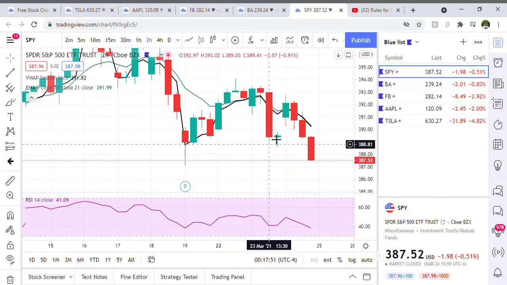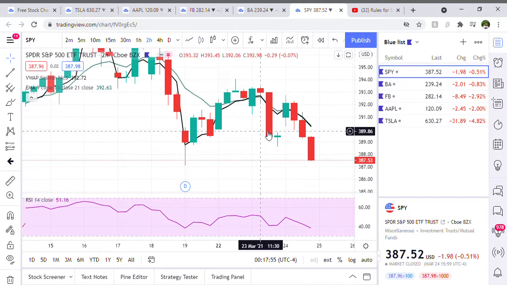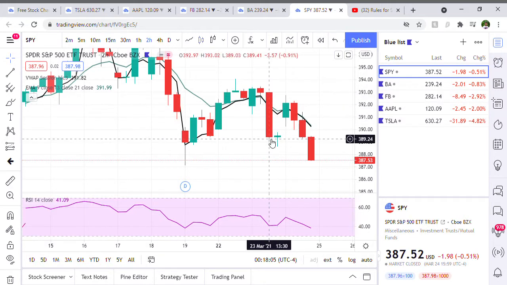This red candle started from 393 and ended at 389. So it was around a $4 red candle, which is very big. It definitely shows the stock was in a big bearish mode at the end of the previous day, 23rd of March.